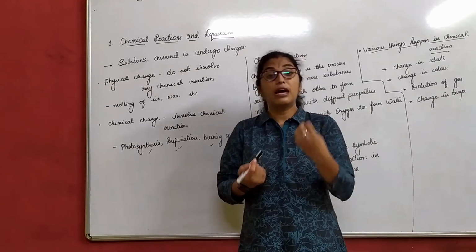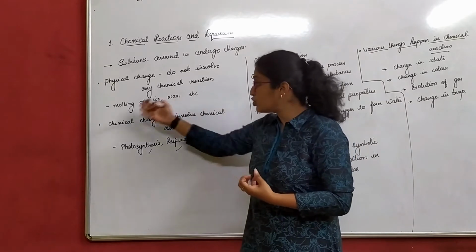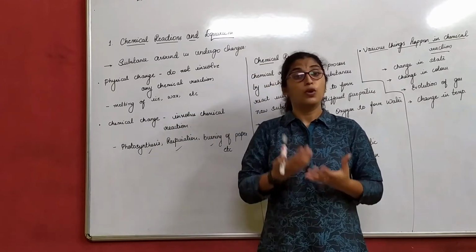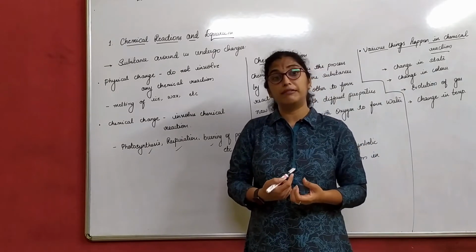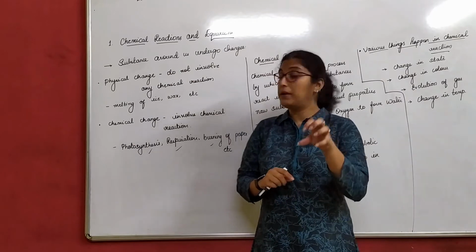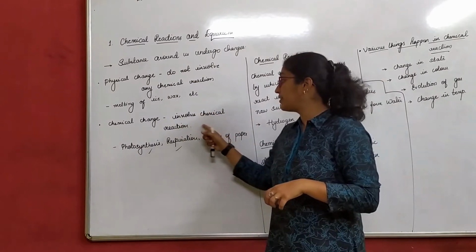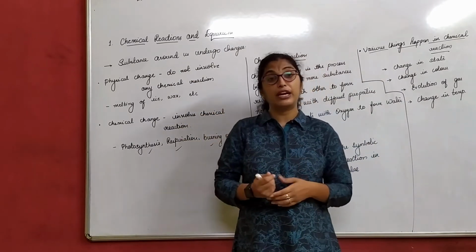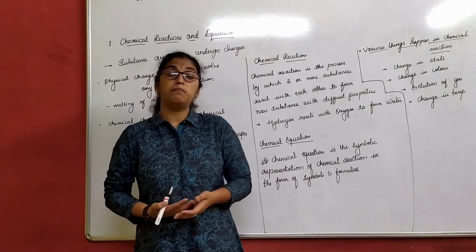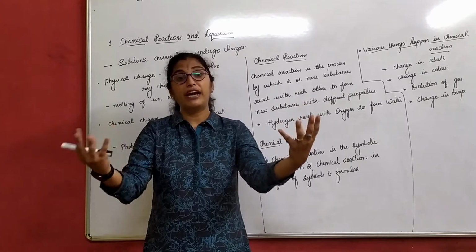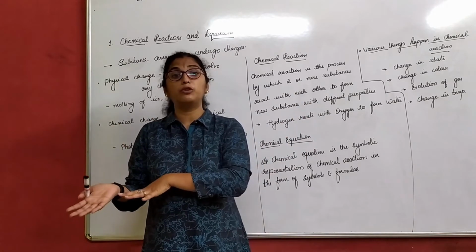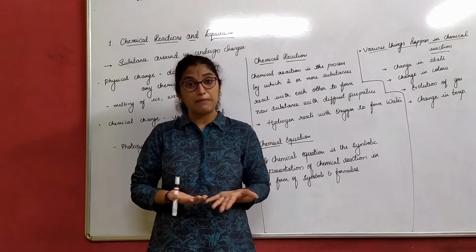But let us now understand what is happening in these changes. What is this chemical reaction? What do you mean by the term chemical reaction? We understood physical change and chemical change. But if a chemical change involves some chemical reaction, what do you mean by chemical reaction? In simple terms, if I have two chemicals and they react with each other to form a new product, that is called a chemical change.